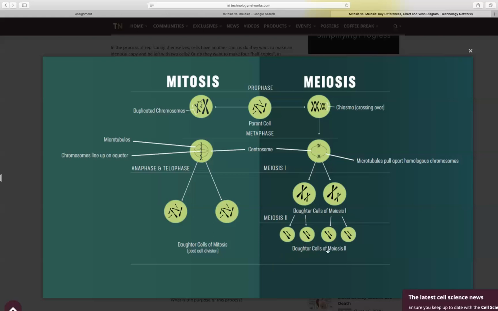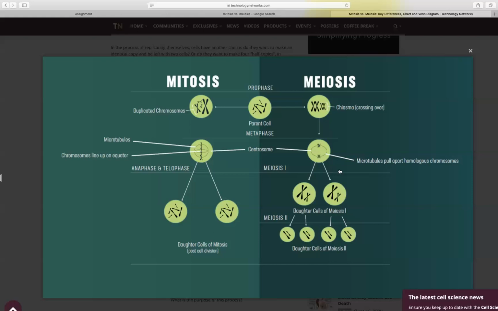The daughter cells will be germ cells, not germ as in antibiotics germs, but germ cell as in sperm or ova. Because remember, you get 23 from mommy, which is a single ova, and 23 from daddy, which is a single sperm. That is where meiosis is utilized, in germ cell layers, which is human reproduction.